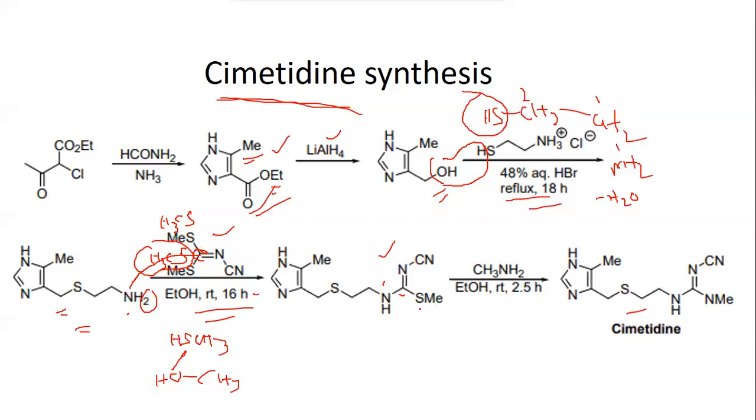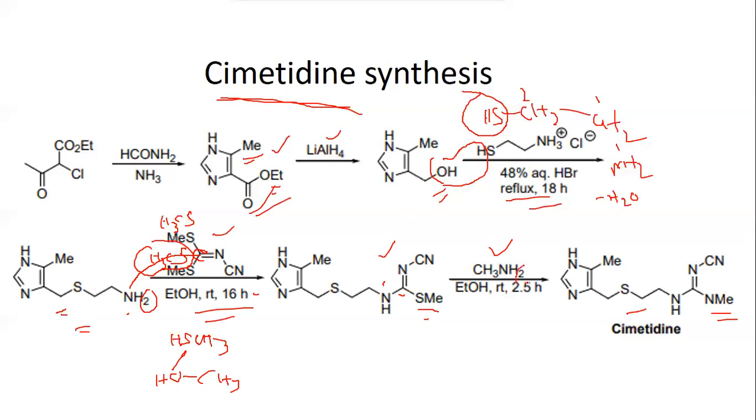Now the last step: in the structure you have to put here N-methyl, not S-methyl. So how to do this step, how to put the N-methyl there? You again treat this with methylamine, like you treated this with 2-mercaptoethylamine.